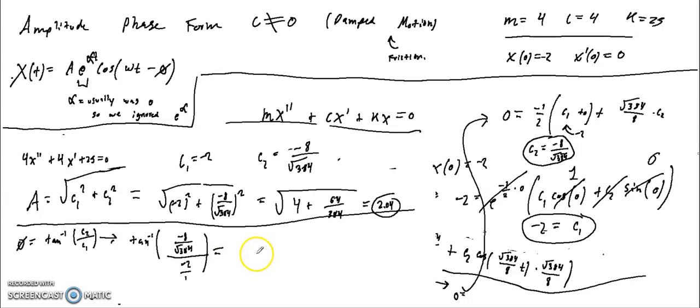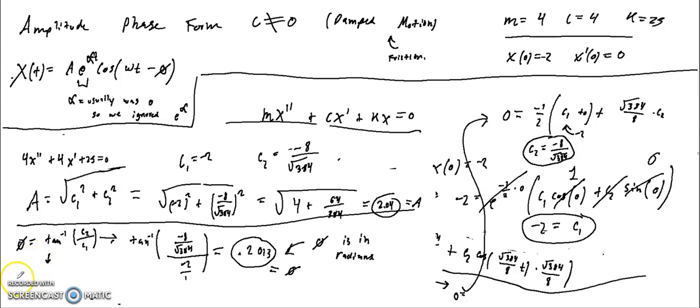And this equals about 0.2013 radians. Remember, phi is in radians. So that equals phi, and that equals A. But we're not done yet. We have one small little thing left.